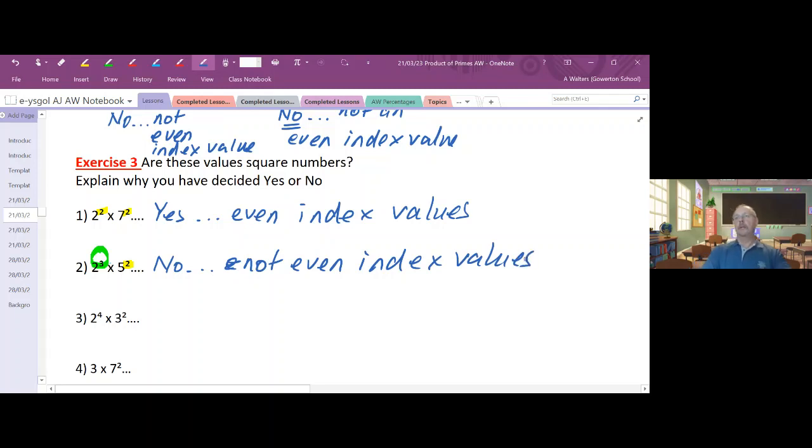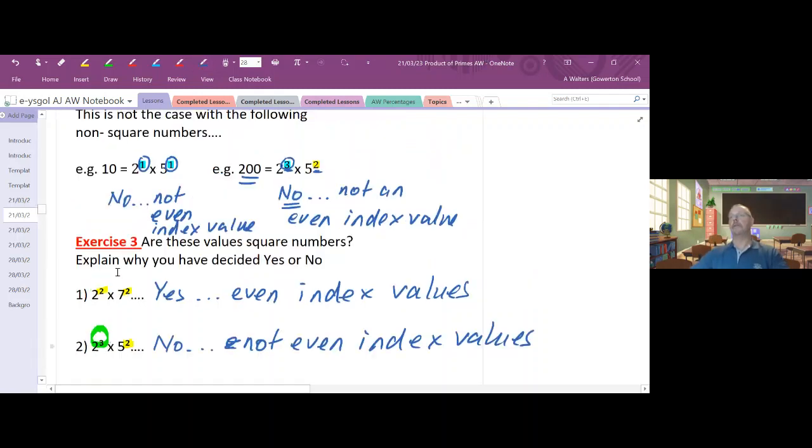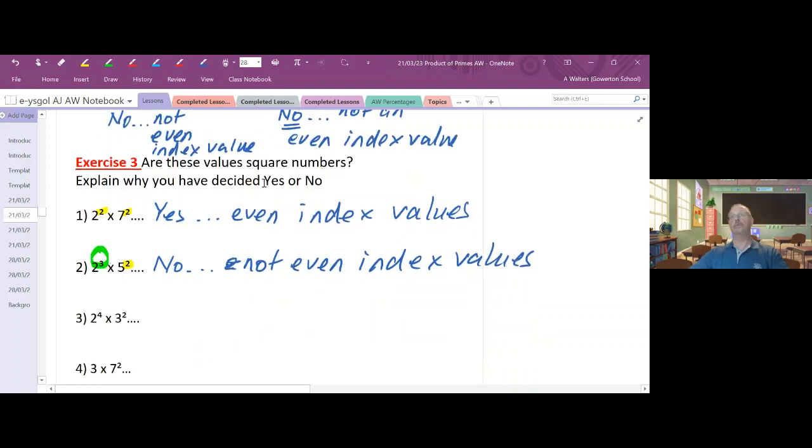Okay, that is actually the same as the question above. 2 cubed times 5 squared is this here, it's 200. You won't be told it's 200. I mean, you could work it out to be 8 times 25.